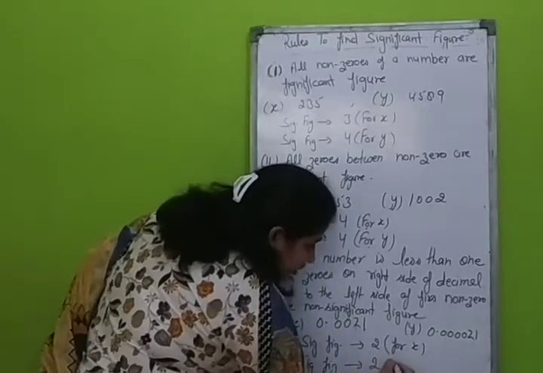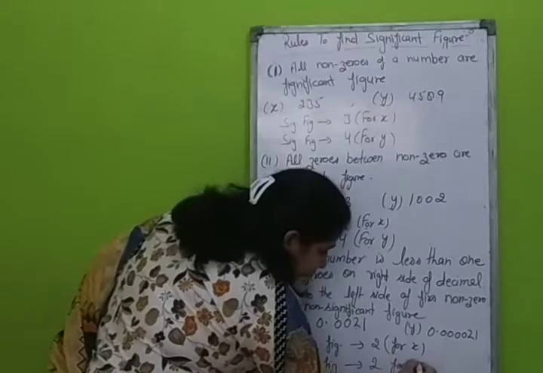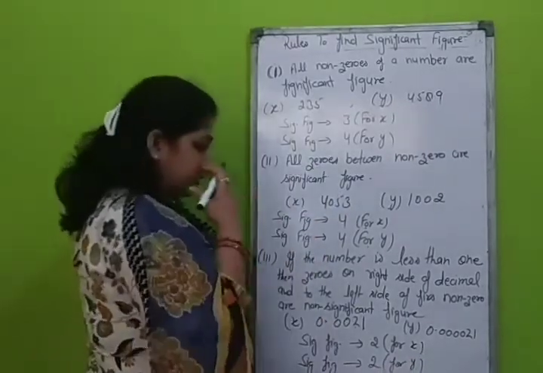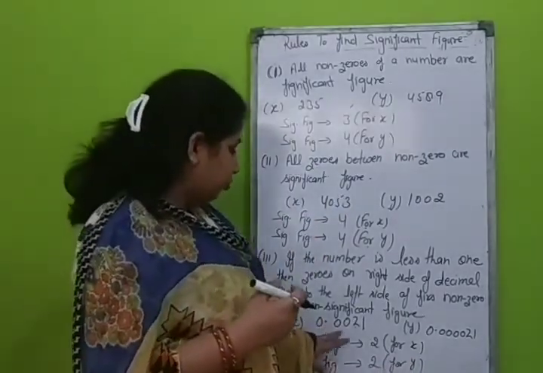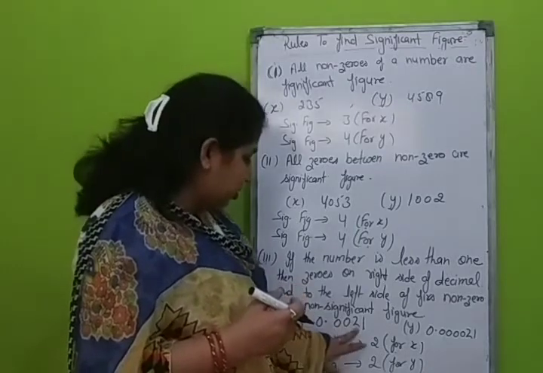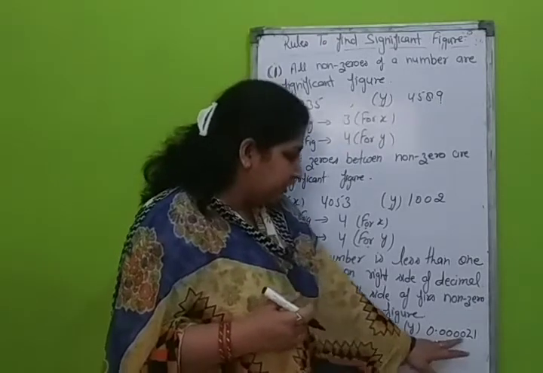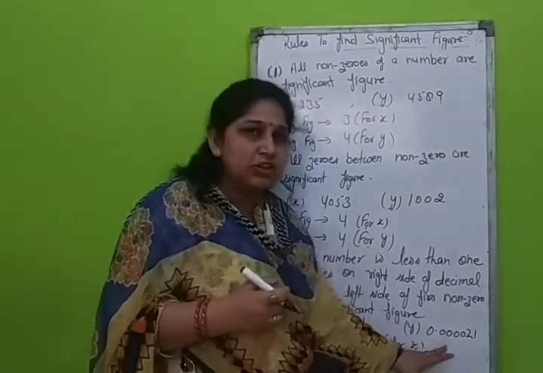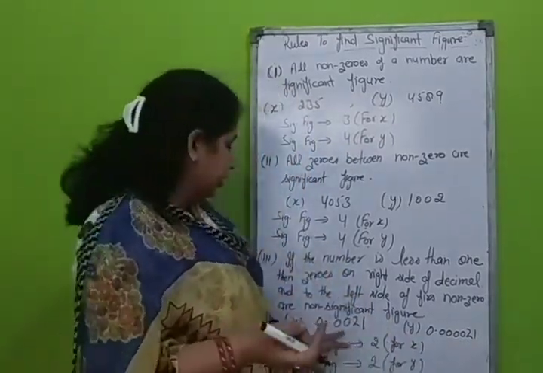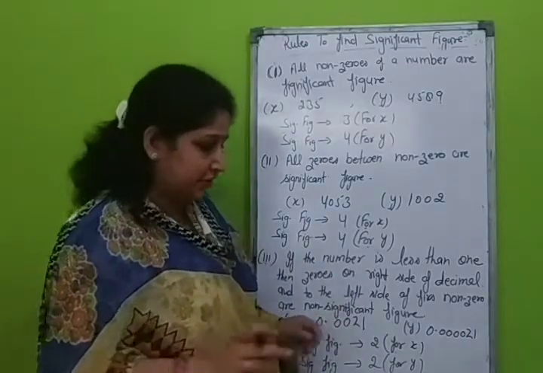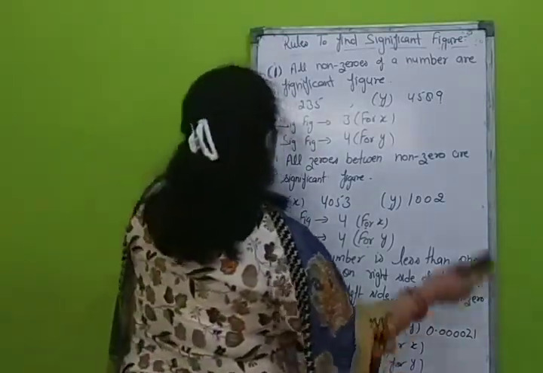So there are also two significant figures for y. Here we have two zeros between the decimal and first non-zero, and here we have 4 zeros. These 4 zeros are non-significant, and these two zeros are non-significant. Got it? Now the next rule, rule 4.